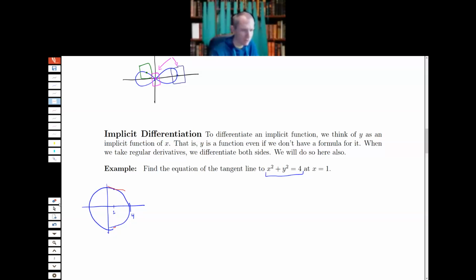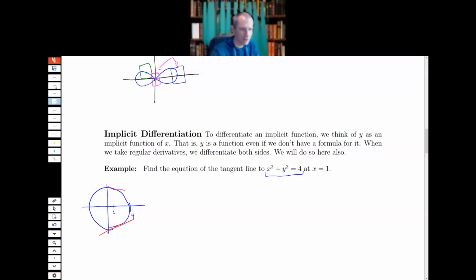I should have drawn my circle a little more neatly at the bottom. But I'll get another tangent line down here. Okay, so knowing just the x value often isn't specific enough for an implicit function. Often we're going to need an x and a y value. But if I have just an x, we'll figure out how to deal with that in a minute.